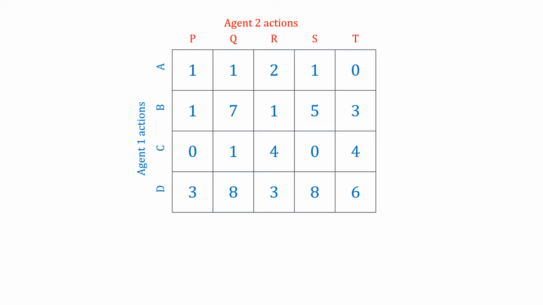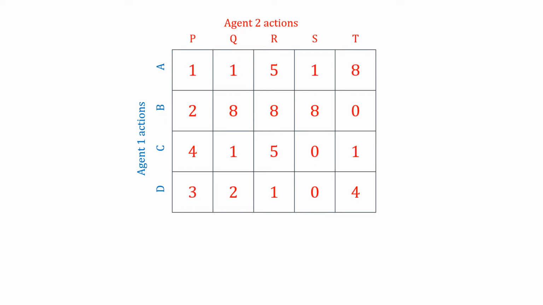So this is Agent 1's viewpoint. Now suppose agent 2 plays Q, then agent 1 can pick A, B, C, or D, one of these four actions. And since agent 2 is playing Q, these are the possible payoffs. And naturally, agent 1, who's trying to maximize his payoff, would select action D because it would get a payoff of 8.